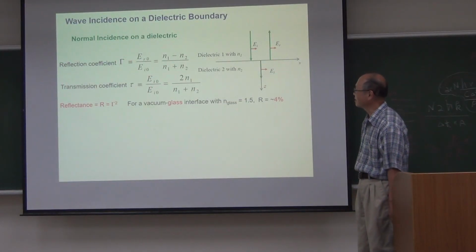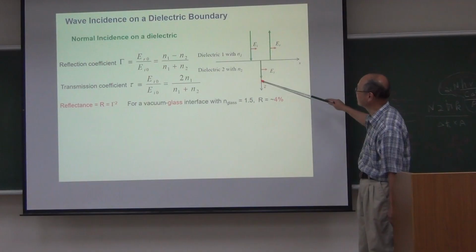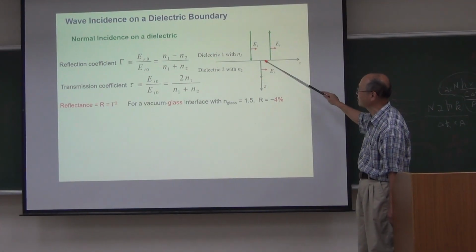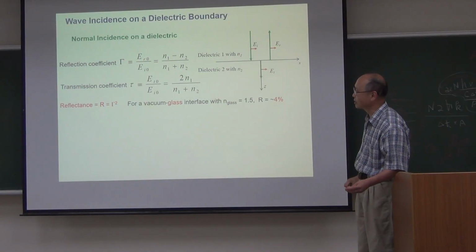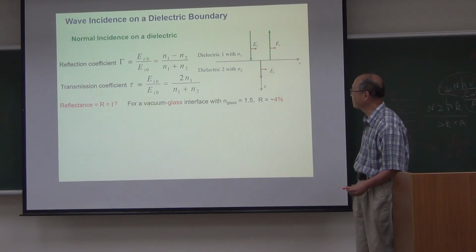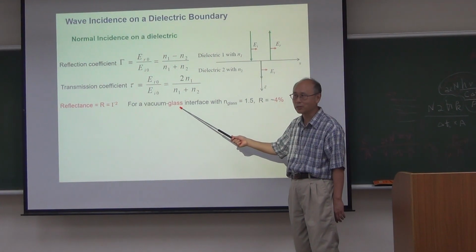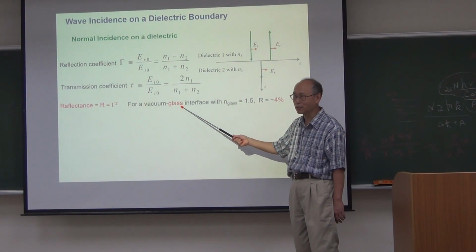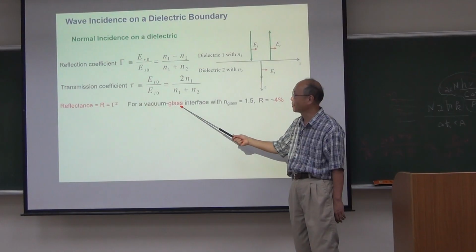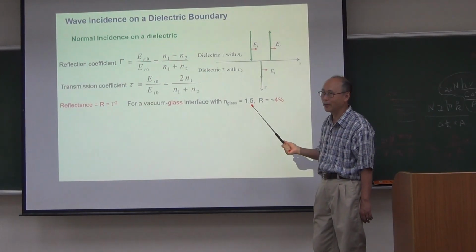So this is the wave going through a dielectric boundary, and also having some refraction. But if you study optics, you need to remember that the most frequently used material is glass. Glass is the most commonly used optical element. The refractive index is 1.5.